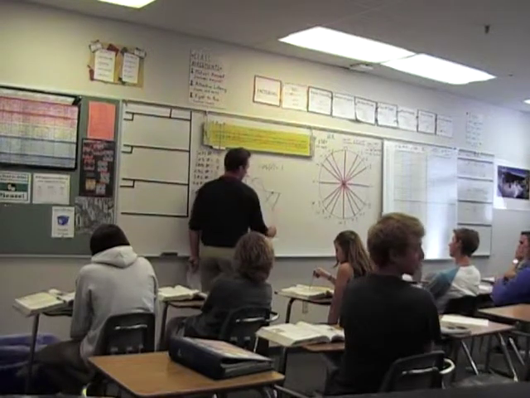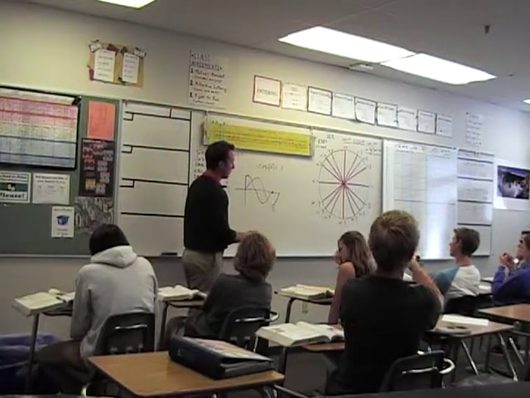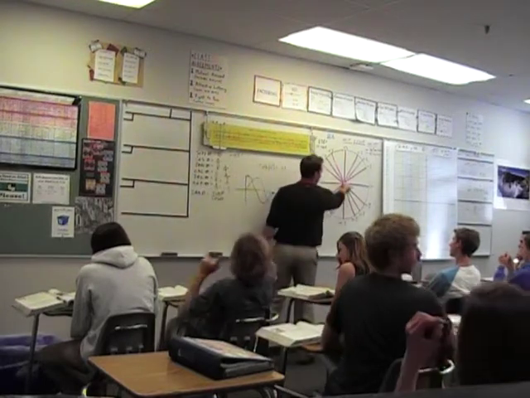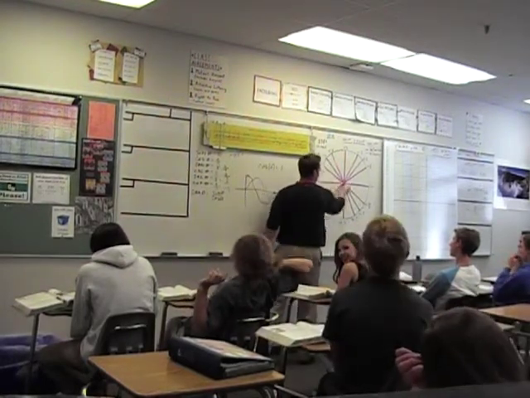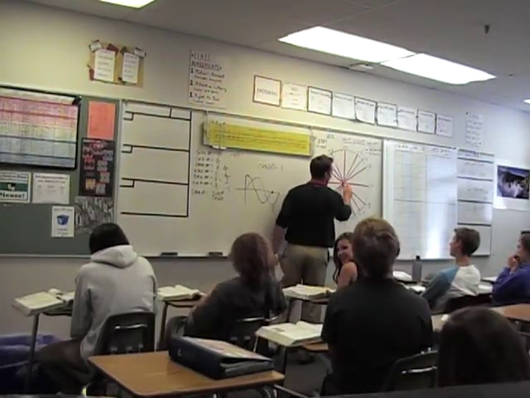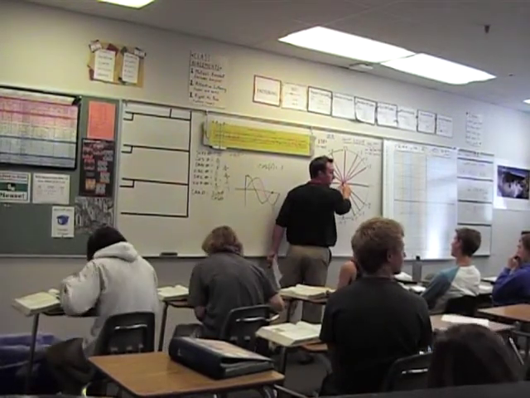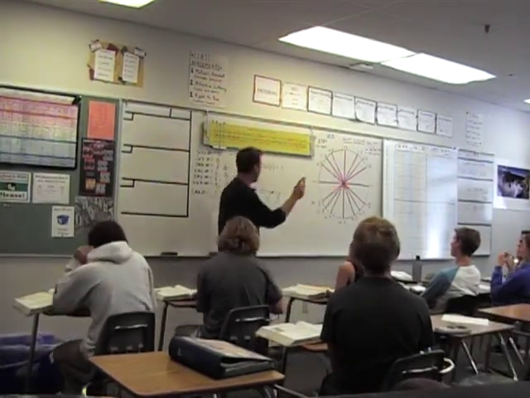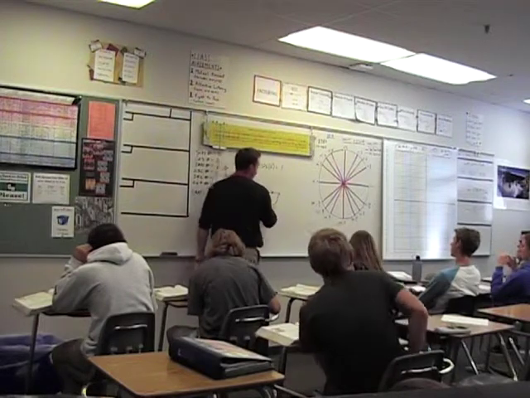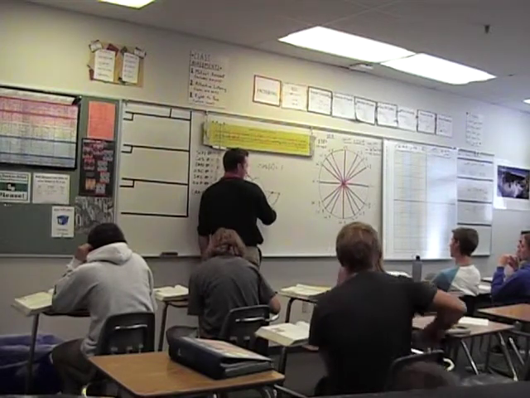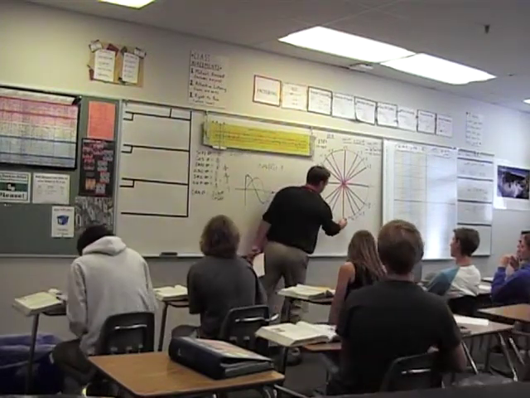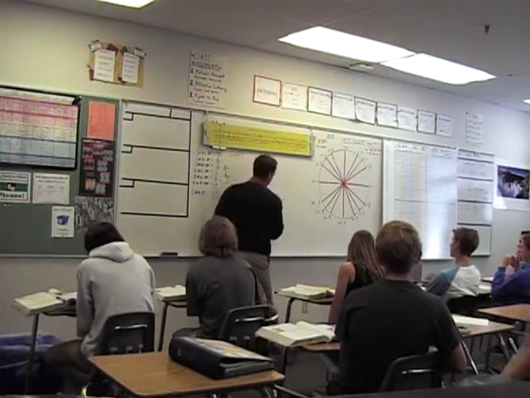At 3 pi over 2, where's my cosine? Where's my x? Is my x value positive or negative? Guys, listen to me. We just said that sine is at its negative most point here, which is 3 pi over 2.